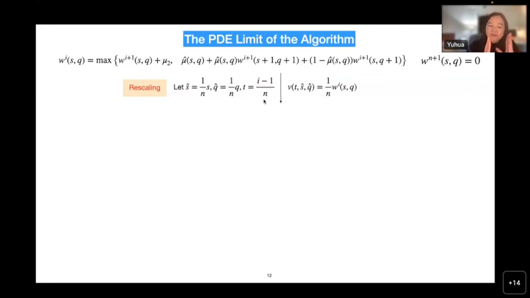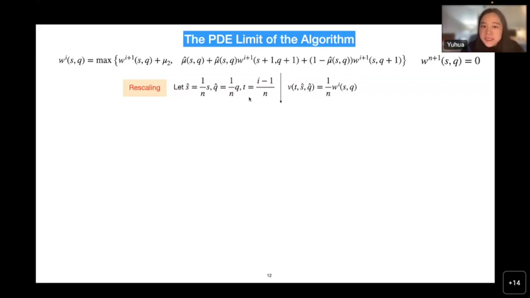If the horizon n goes to infinity, you can imagine this time will become continuous. Accordingly, we'll also rescale the number of pulls by 1 over n, and the cumulative reward by 1 over n. The expected optimal cumulative reward is also rescaled by 1 over n.